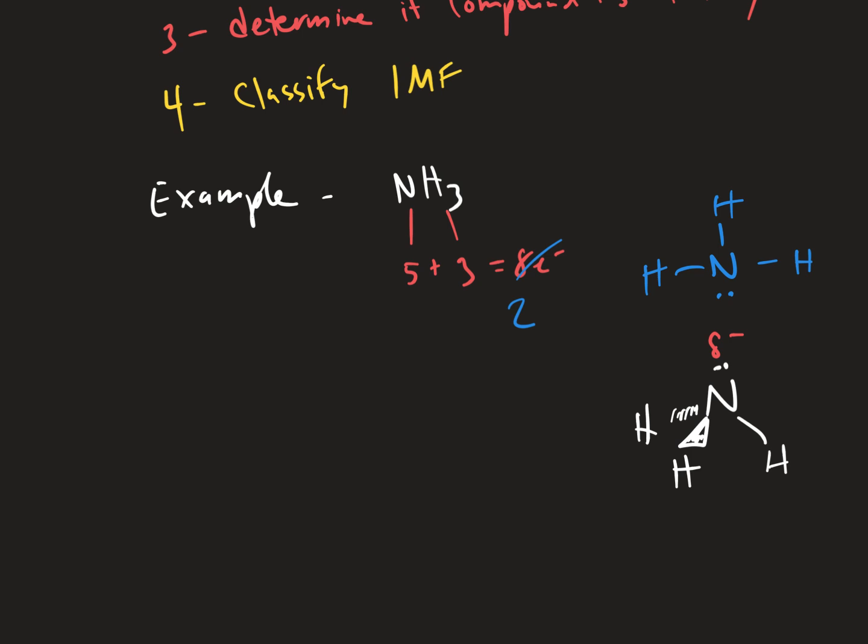That's right. Do you understand? Yes. Okay. So that's partial positive, partial positive, partial positive. And how do you tell if it's polar? If it has lone pairs, there you go. It has a lone pair around the central atom, so it's polar, right? So this is a polar molecule.